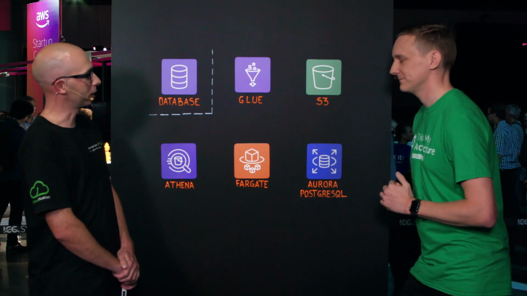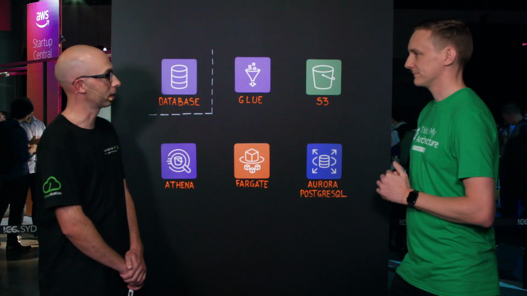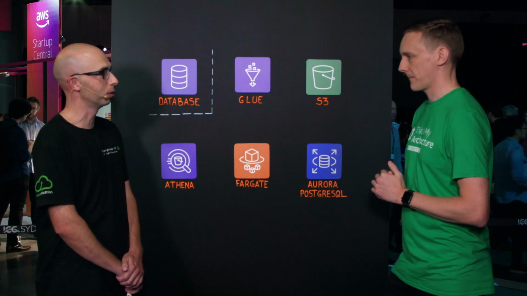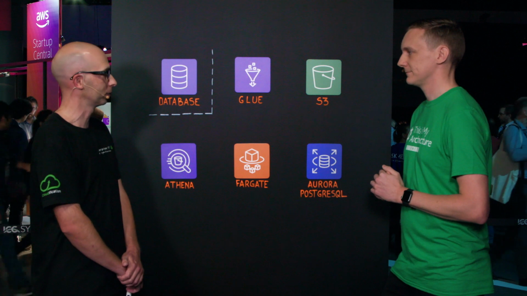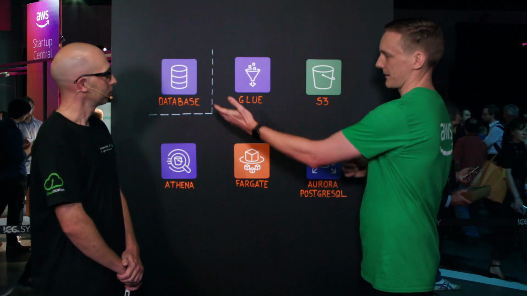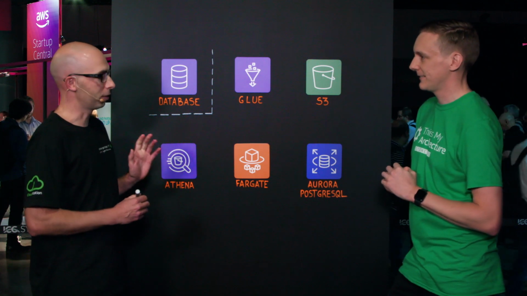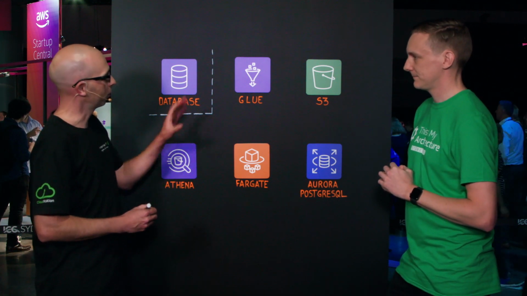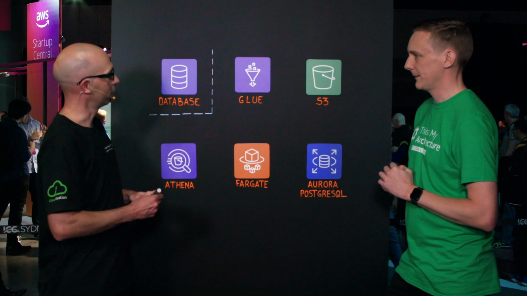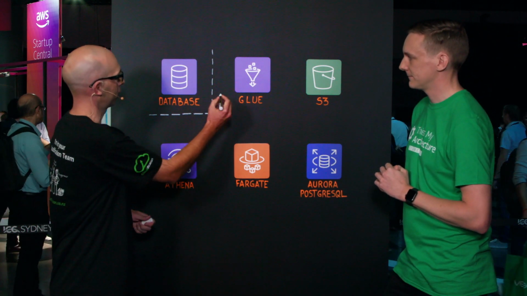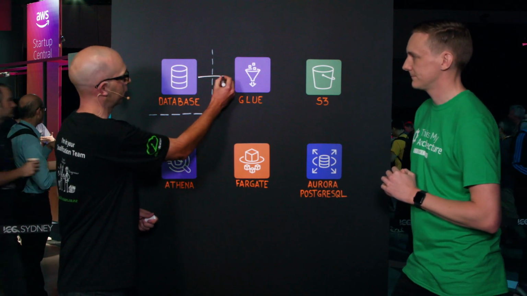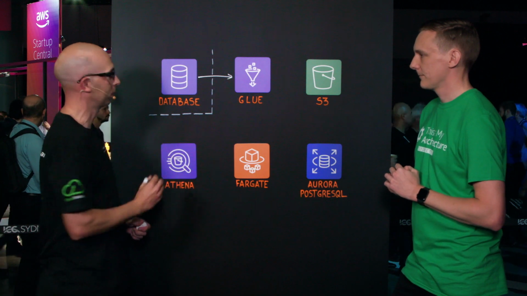So the architecture is pretty simple because we do batch processing. We don't do online stuff. Okay, so can you draw us up the data flow? So what happens every 5 a.m. in the morning, we start these Glue jobs. Lots of Glue jobs, and they transform data from on-prem databases.